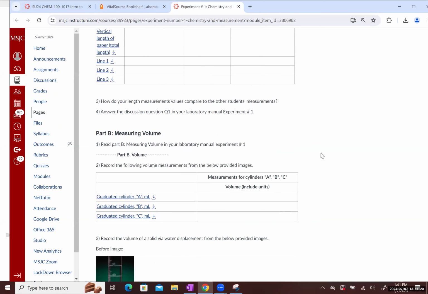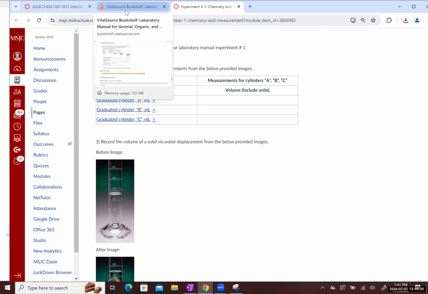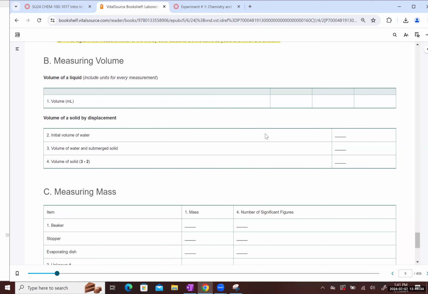Let's look at part B. For part B, we're dealing with measuring volume. Let's take a look at what we have to do for part B. So let's find it in the lab manual. In this case, we are taking measurements for the volume of a liquid. We have 3 spots for that.